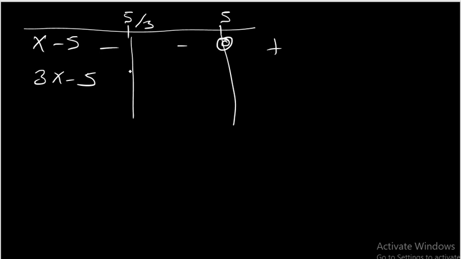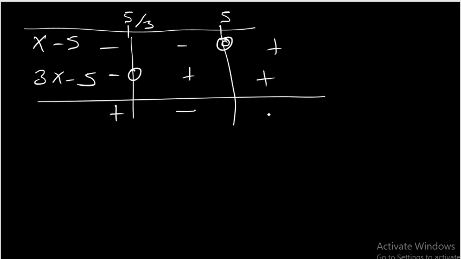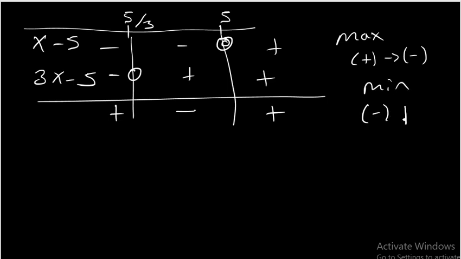And the second one will be 0 here, negative, positive, positive. And the sign change here, positive, negative, positive. So since it says maximum, to get the maximum one, we have to observe positive to negative change. And if it is minimum, we need to observe negative to positive change. But this time, positive to negative will be here.